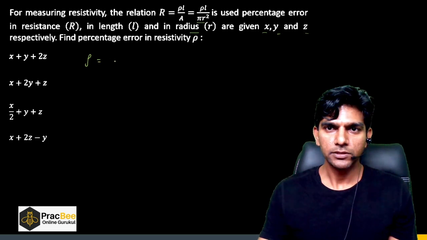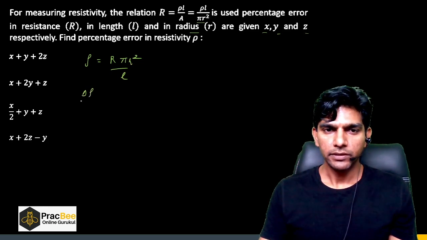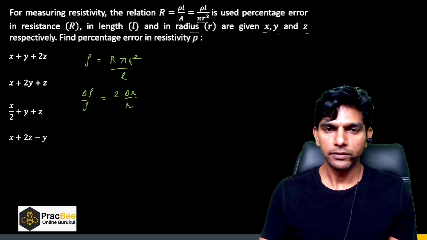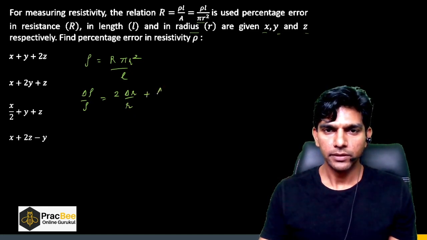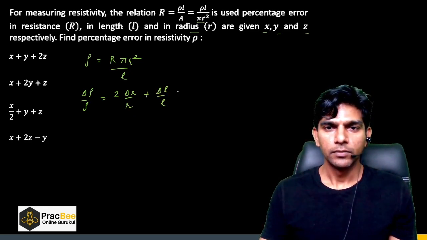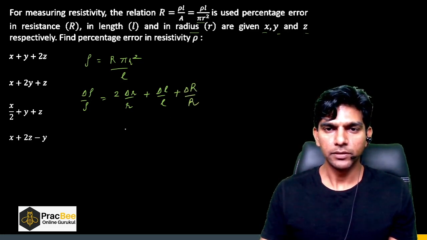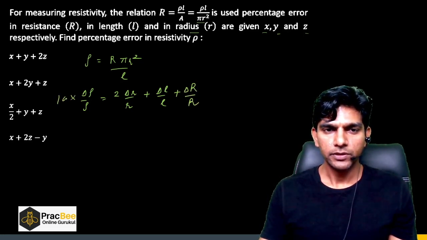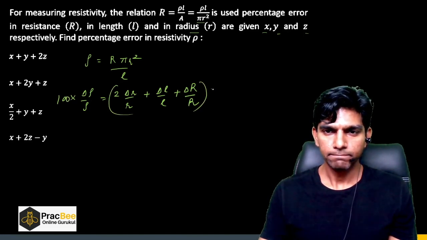So rho is R pi r square by L. So we know that the relative error in the resistivity will be 2 times delta r by r plus delta L by L plus delta capital R by capital R. Now if I multiply this with 100, we'll get the percentage error.